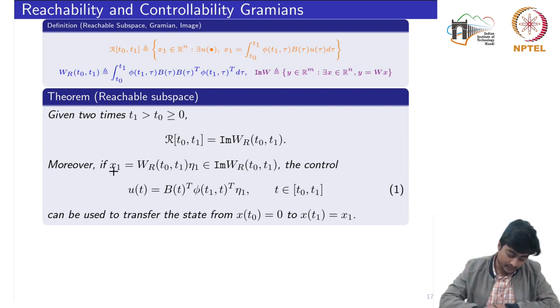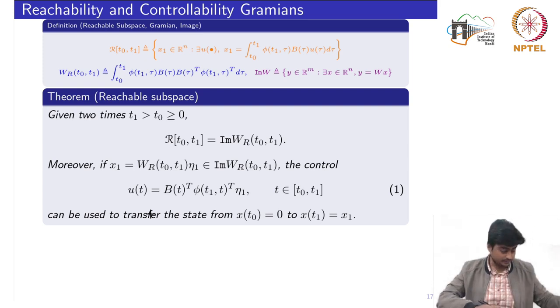So we can say that if x1 belongs to the image of the matrix WR, the specific control signal given by B transpose and phi transpose into eta 1, for all t belonging to t0 to t1, can be used to transfer the state from the origin to some finite vector x1.